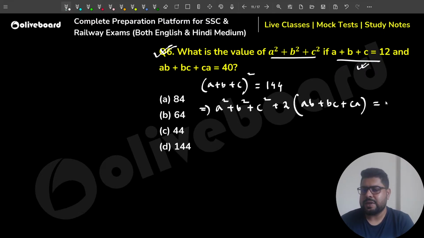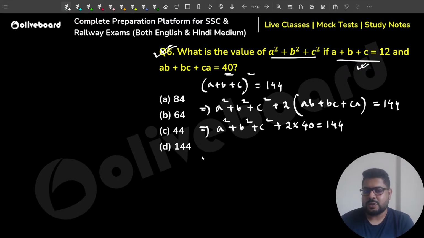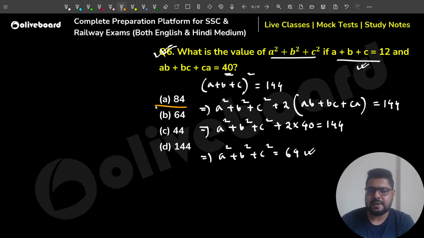That's your formula. That is 144. Just put down the other value, it's one line. Plus twice of this, which is given to you as 40. So a square plus b square plus c square becomes 144 minus 80, which is 64, sir. Which is 64, option number B, sir.